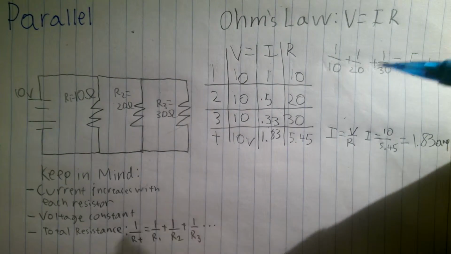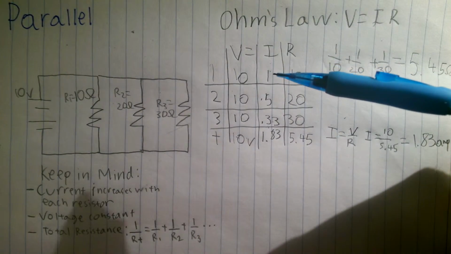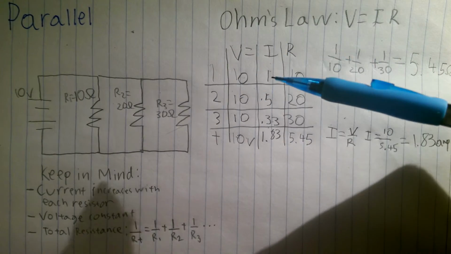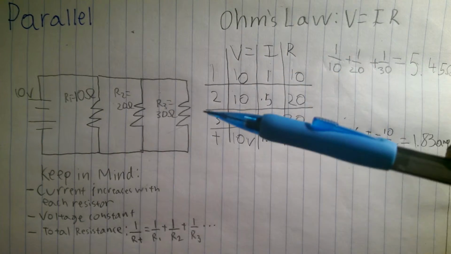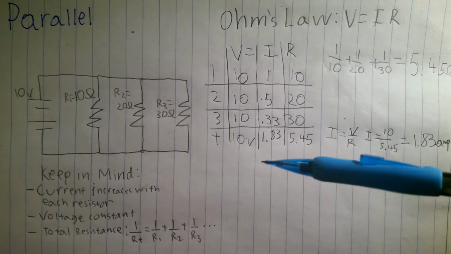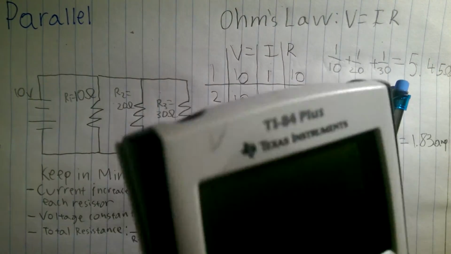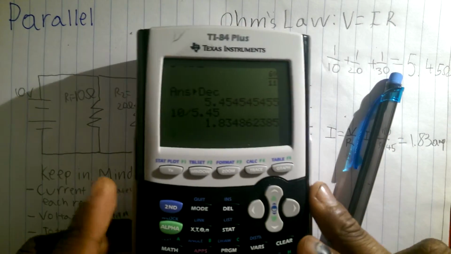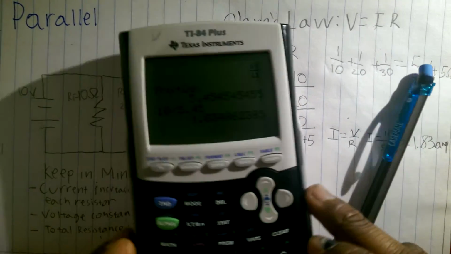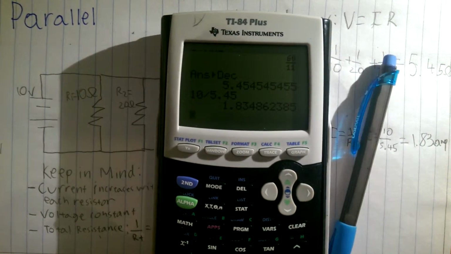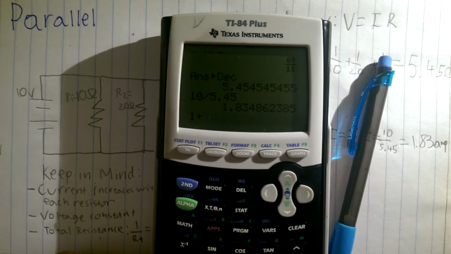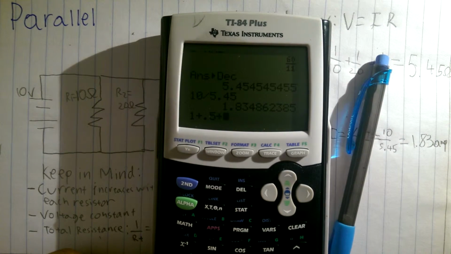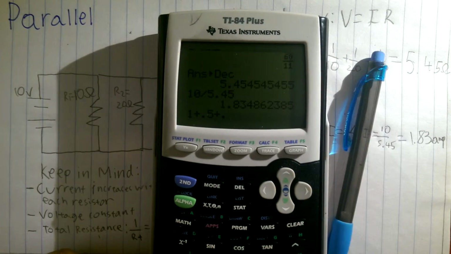Now, a sanity check you can use is that in a parallel circuit, the current running through each resistor should add up to the total current. So let's check if that works. We have 1 plus 0.5 plus 0.33.